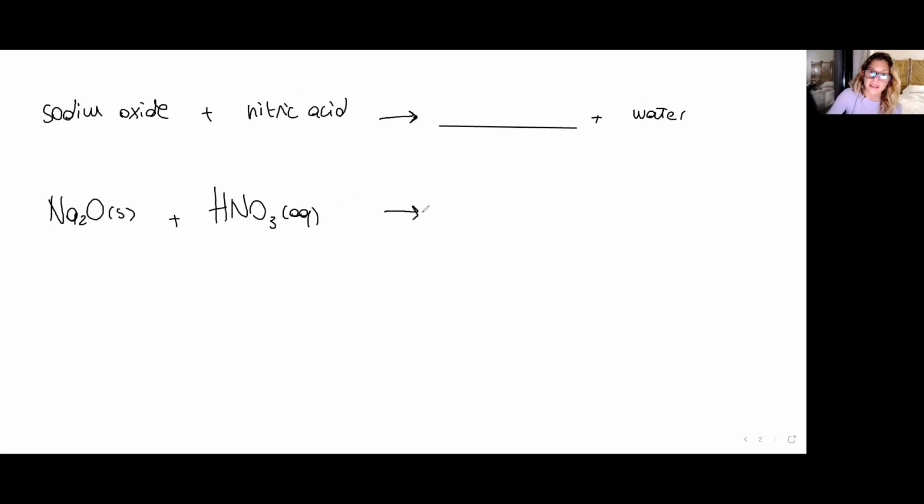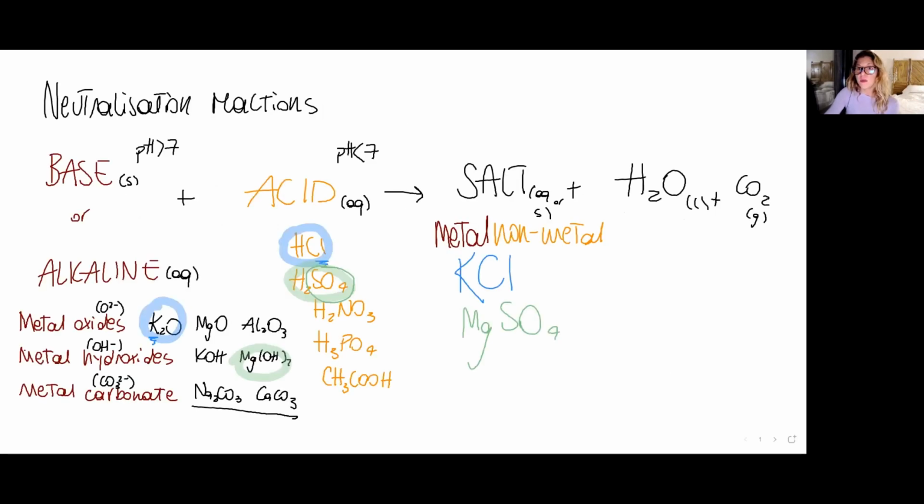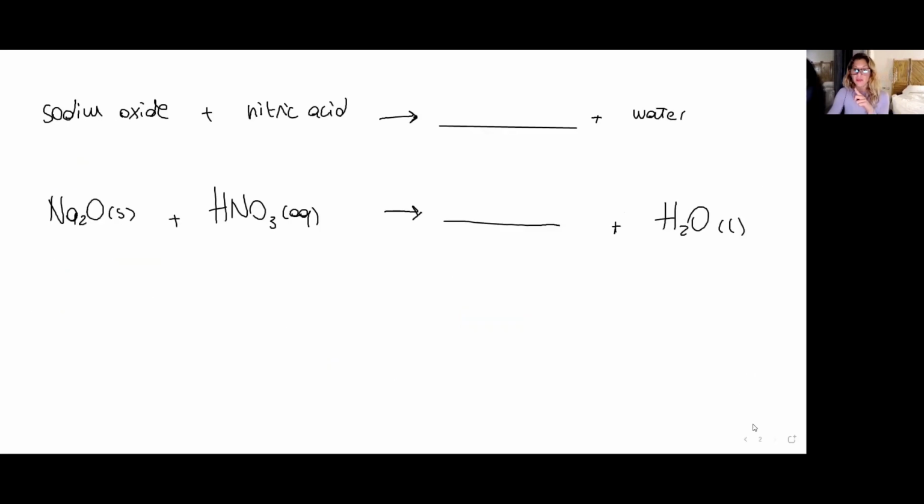Then let's work out the formula of the salt, and we know water is formed, and then you can also practice balancing. Water is always formed, because it's a neutralization reaction. The only exception is a very specific base, ammonia, which is NH3.